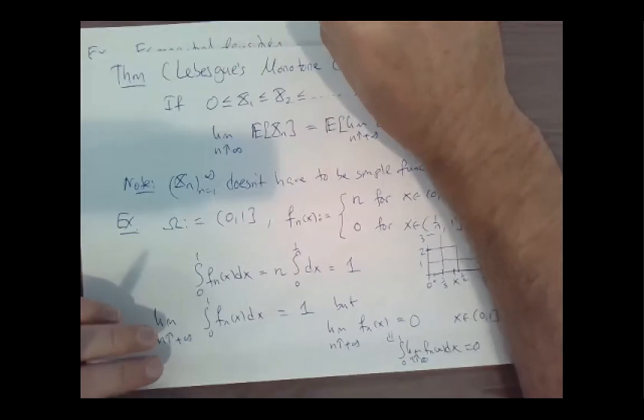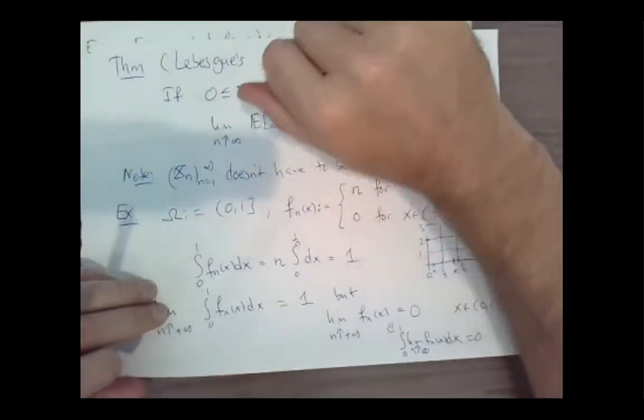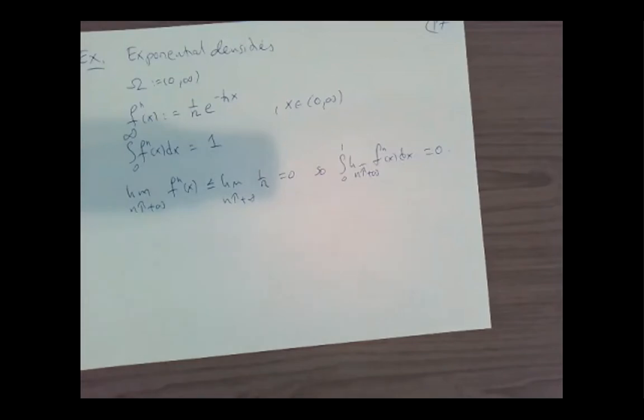So I don't think today we have time to discuss that further. What I have in mind is to look at a few more examples, and then call it quits. But you can get Lebesgue's monotone convergence theorem to work for decreasing functions too.